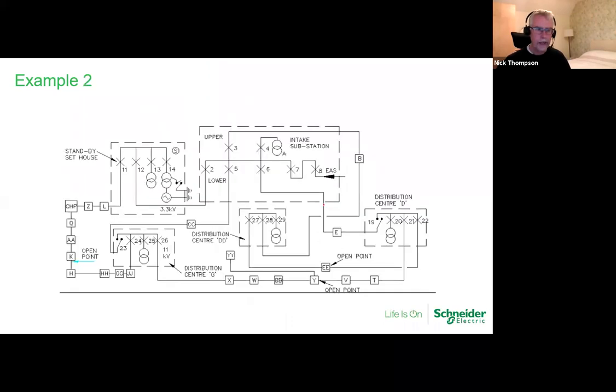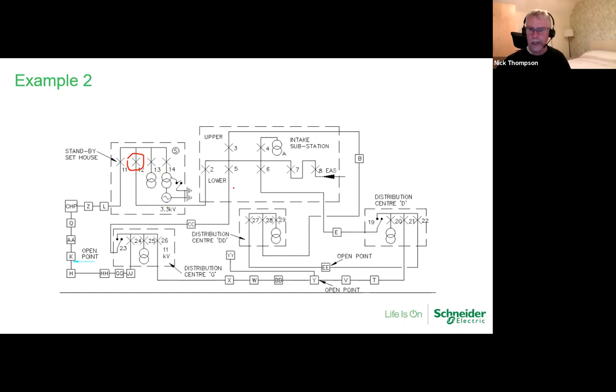Now your next one here, it's again a very different kind of style. We're assuming the crosses here are circuit breakers, but again, there's no legend to tell me what they actually mean. We've no idea what 11, 12, and 13 refer to. It says they're standby set house. No idea what that is.